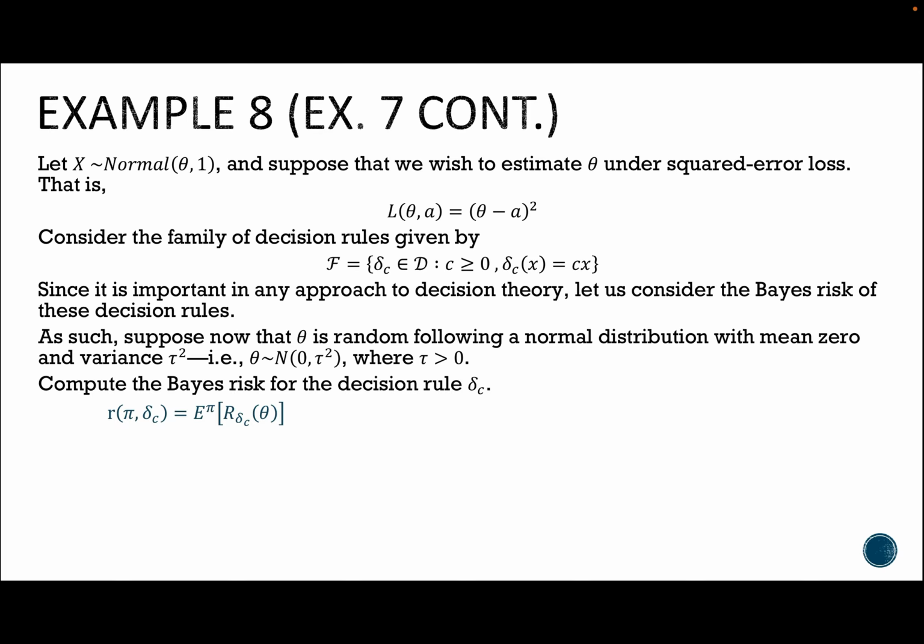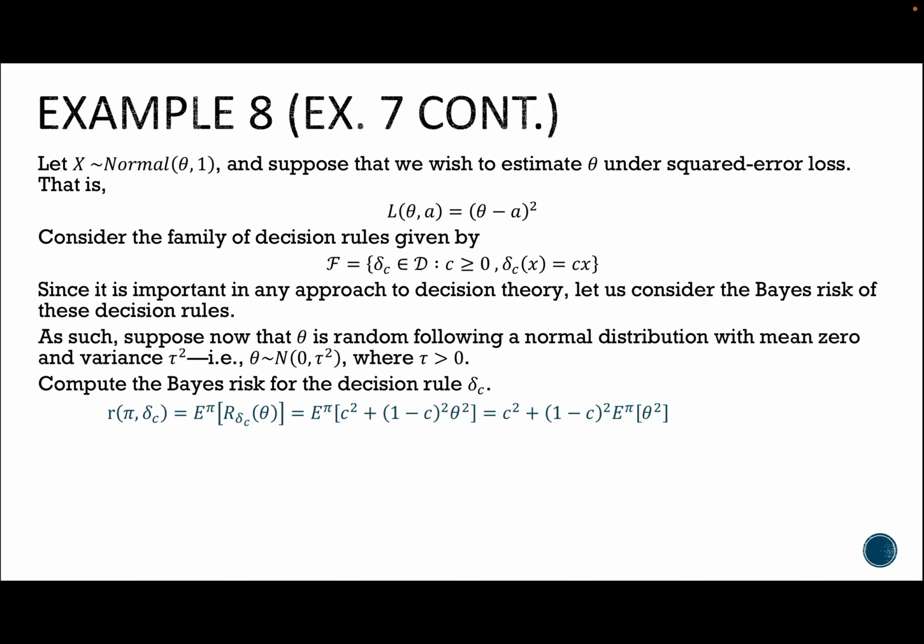So again, the Bayes risk is the expected value using the prior distribution we have here, this normal. And recall from before that the risk function is what you see there. So now let's use the linear property of the expectation operator, and we get what we have here.